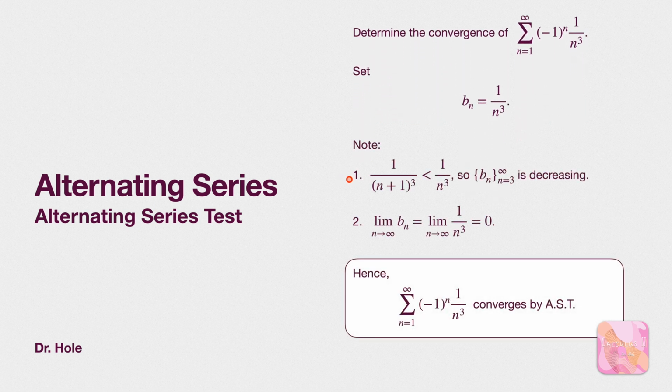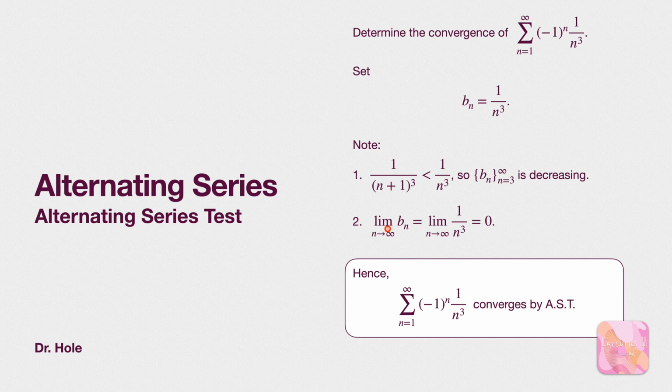We need to check 1, that they decrease. There are various ways to check that a sequence decreases. Here we're looking at a current term and then the next term. This is Bn and then Bn plus 1. And since n plus 1 is bigger than n, we get that their reciprocals have the opposite relation.